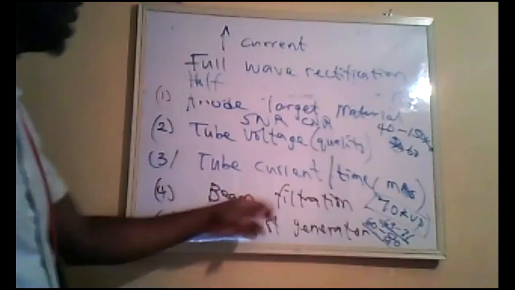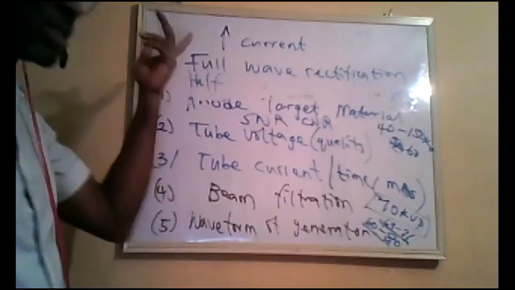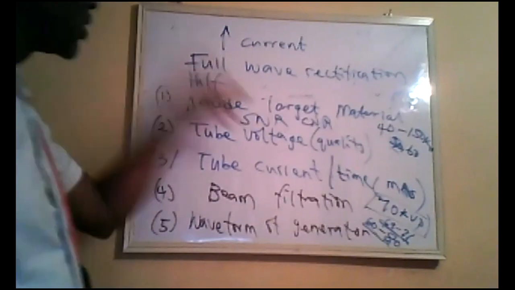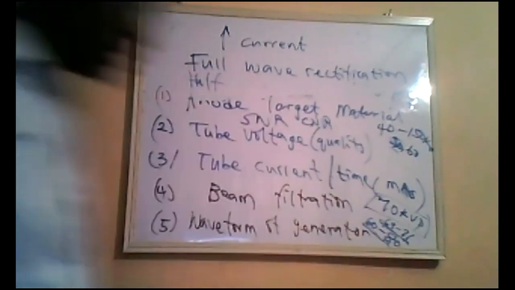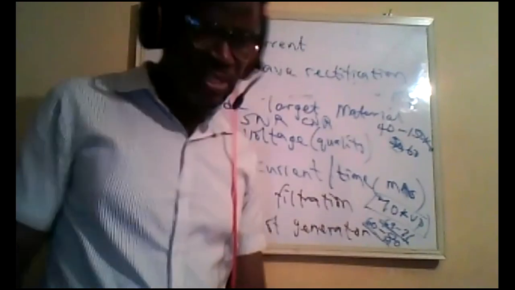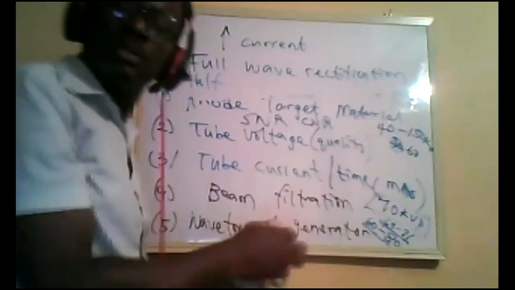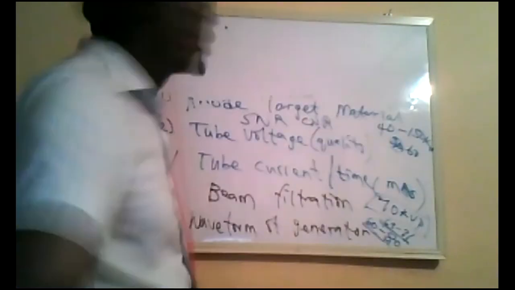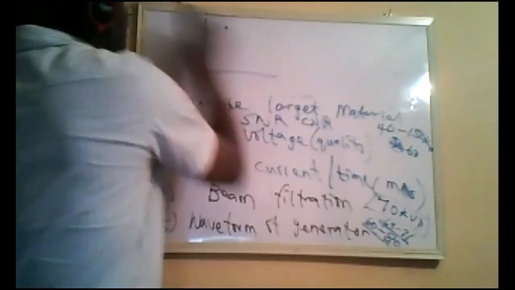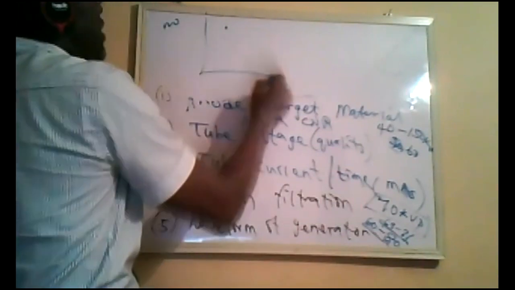The major thing that changes the form of this curve is the beam filtration. The beam filtration is the major thing that changes this. Then the anode target material also has a way of introducing those spikes there. If you use this waveform, this is the number of photons, this is the energy.